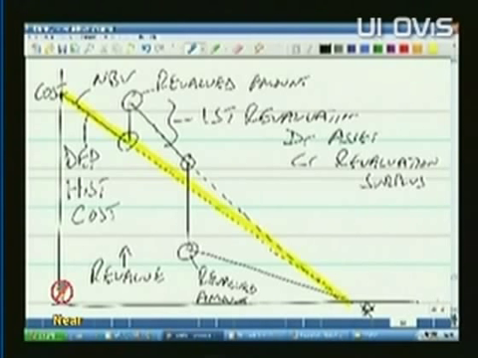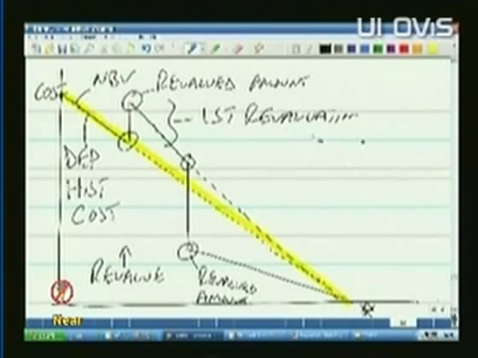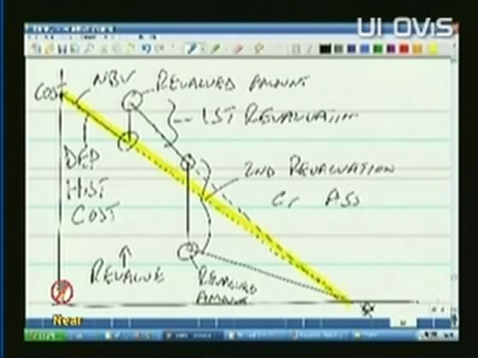This second revaluation downwards, I'll just delete this first bit so that I've got room to write. The second revaluation, the downward one, clearly we're going to credit the asset to reduce its value. We need to know what to debit.